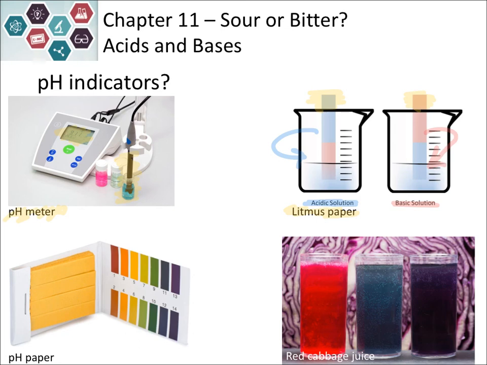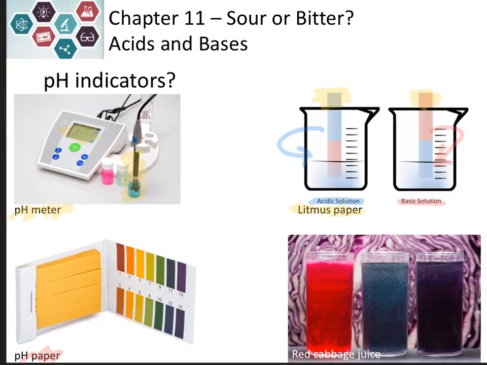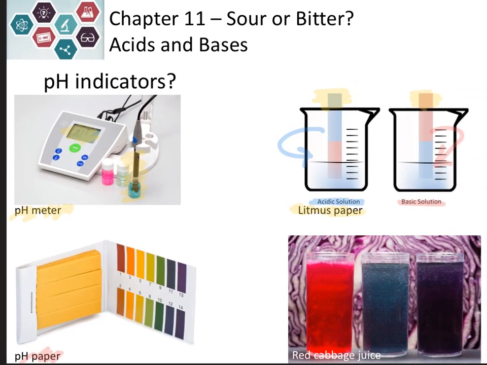Another type of tool to measure pH is using pH paper. This is paper that you again dip or put a small sample onto the paper, and it will change color based on the pH. So here's the scale. So whatever color it turns tells you what pH value your sample is.